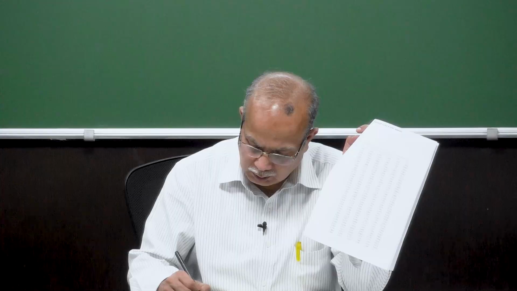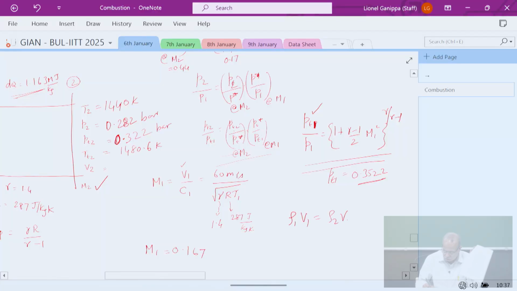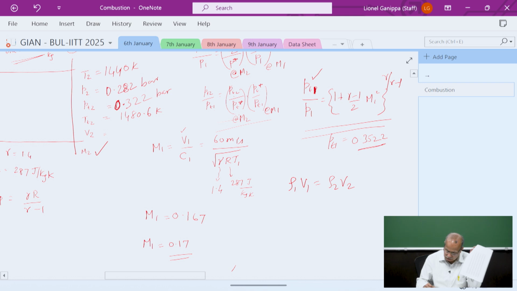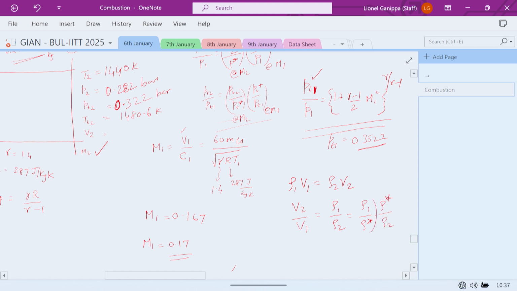So rho 1 V1 is equal to rho 2 V2, which means V2 by V1 is equal to rho 1 by rho 2, which is rho 1 by rho star into rho star by rho 2. Rho 1 by rho star at M1 can be obtained directly from the table, and rho star by rho 2 can be obtained directly from the table at M2. So this is 0.17 and 0.44.